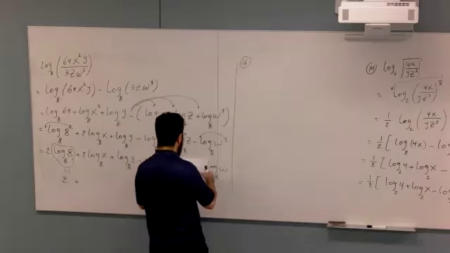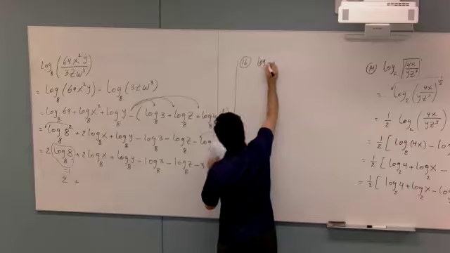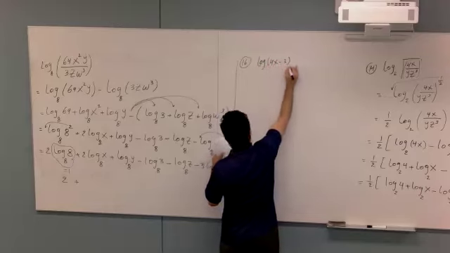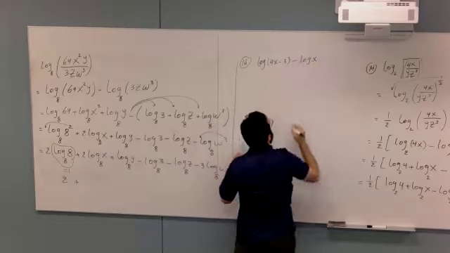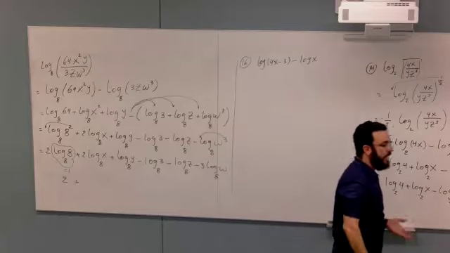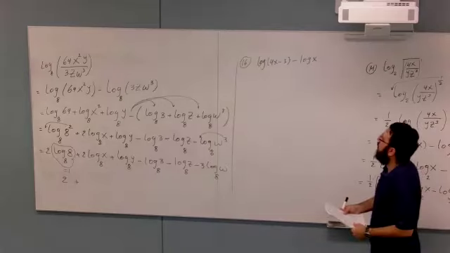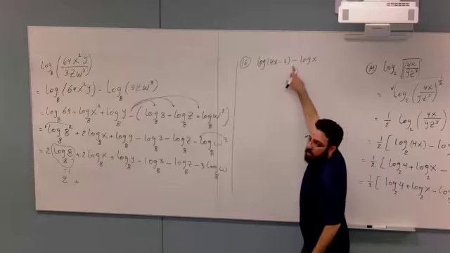Example 16, it says log of 4x minus 3 minus log x. Can I write down the whole expression as a single log? It's a minus between two logs. The minus is what? Division.